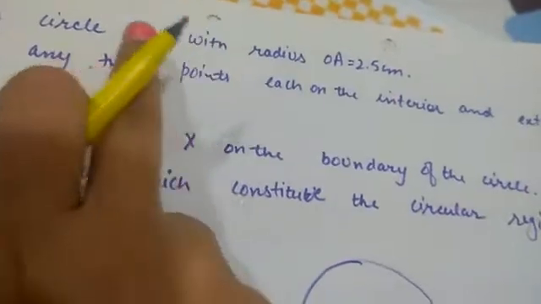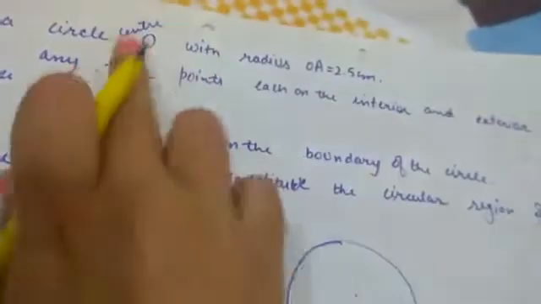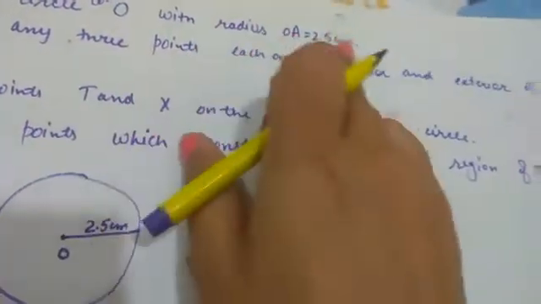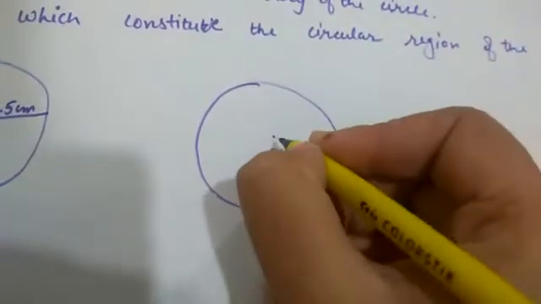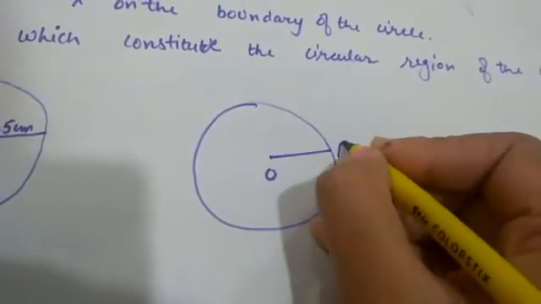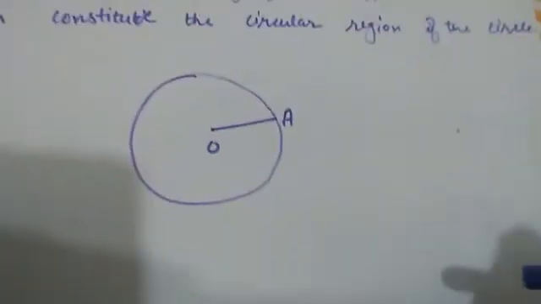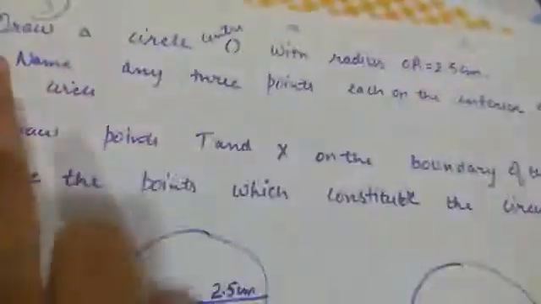They have just told us to draw a circle with center O. Here the word center may be missing. Center O with radius OA equal to 2.5 centimeter, means here O is written and here you can draw any radius, and that radius name is OA. So that's why I have given the name OA here. Get it? Now the next question.